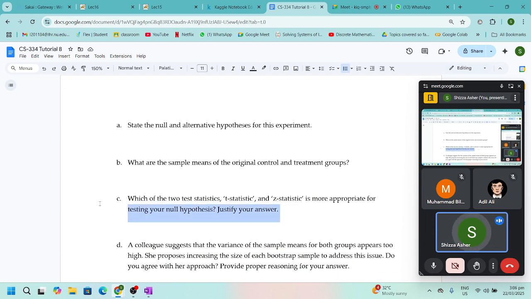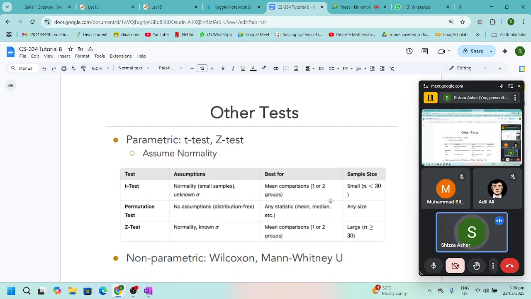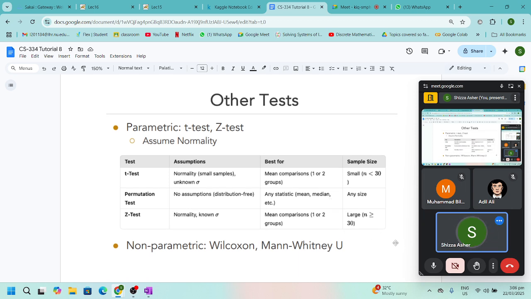Anyway, which of the two test statistics, T statistic and Z statistic, is more appropriate for testing your null hypothesis? Justify your answer. Alright, so we have the T stat and we have the Z stat. Here I want to reiterate what you have covered in class and how that applies. So I will pause over here for a few seconds again and give you guys the chance to go through this table of parametric tests, because non-parametric tests are not tested.